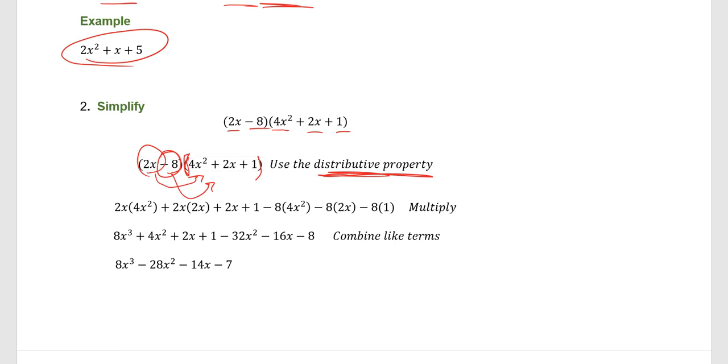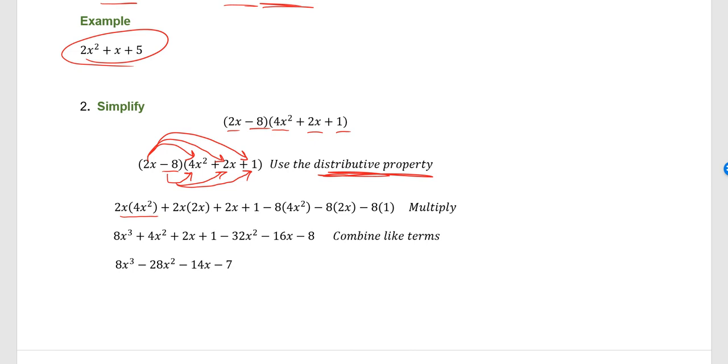So we have 2x times 4x squared, and then 2x times 2x, and then 2x times 1. And then we have minus 8 times 4x squared, and then minus 8 times 2x, and then minus 8 times 1.